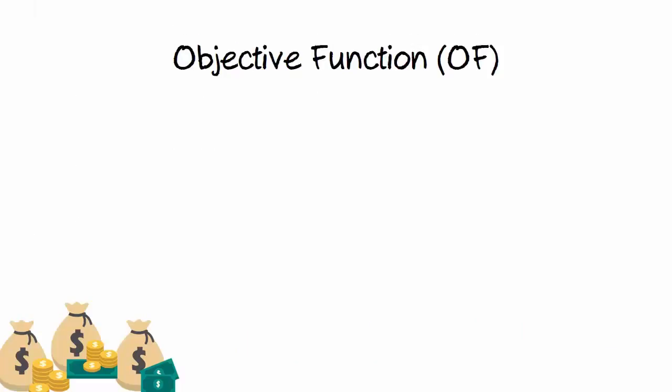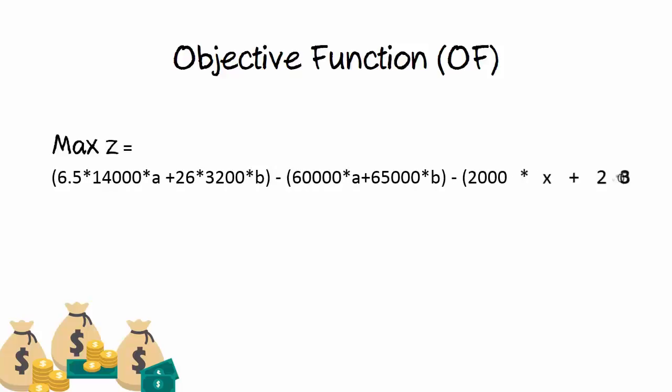Next step is to define the objective function. Our objective is to find the maximum profit of this problem by controlling the amount of paddy and corn, also the amount of fertilizer that needs to be used. So, since this is a maximization problem, we will define the function as maximum Z. Here is the formula.